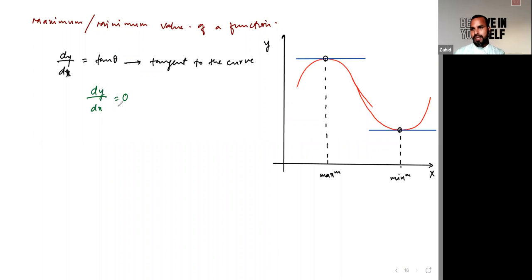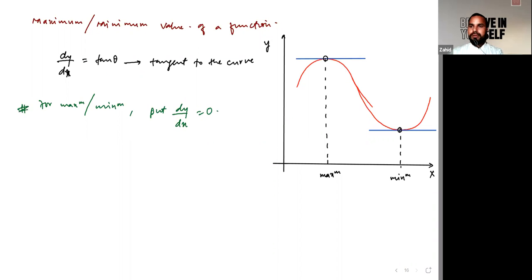So whenever you have to calculate a maximum or minimum value, just differentiate the function and put it to 0. So for maximum or minimum, put dy dx equals 0.